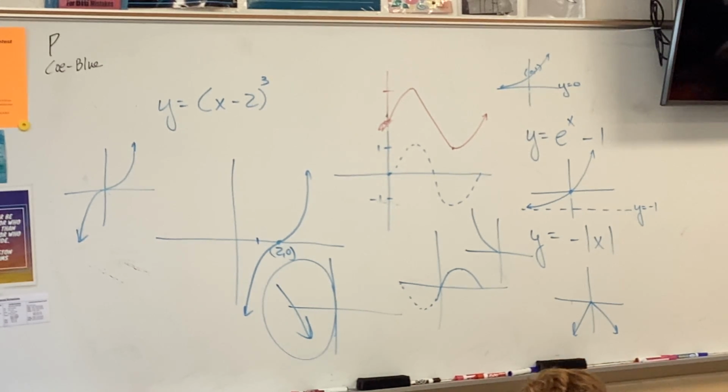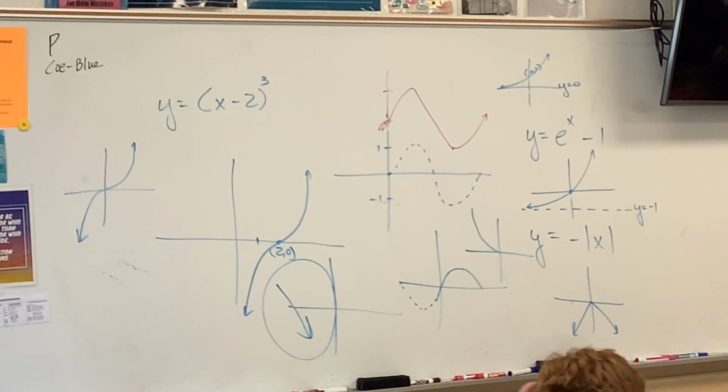The other one is a tricky one, it's the greatest integer. The greatest integer has infinitely many maxes and mins because on this interval you have a max, then a different one on this interval, and this one, and this one. I hate that function. Me too.